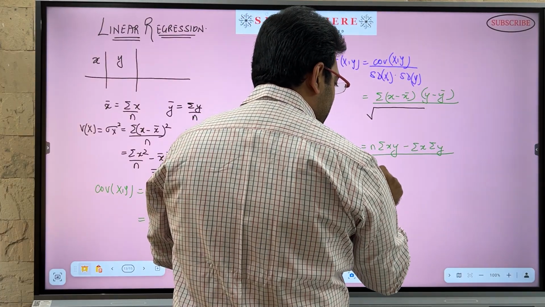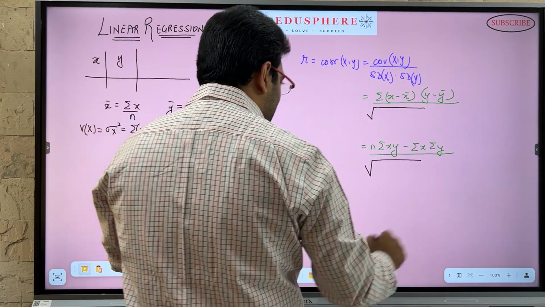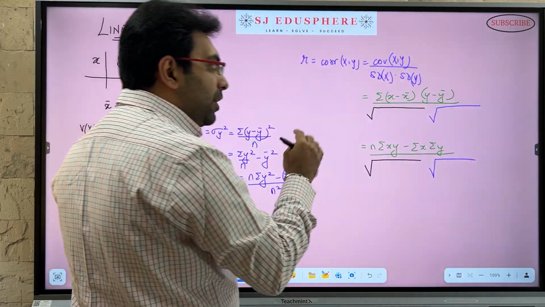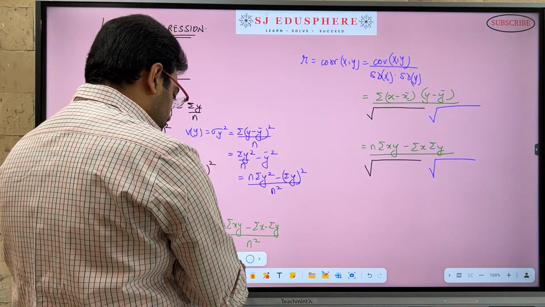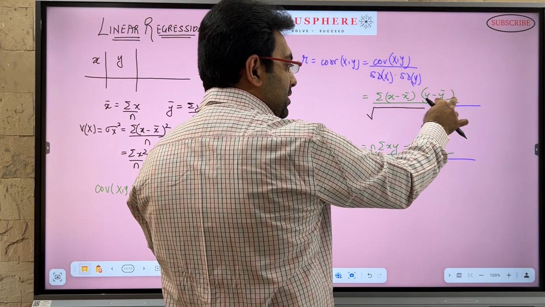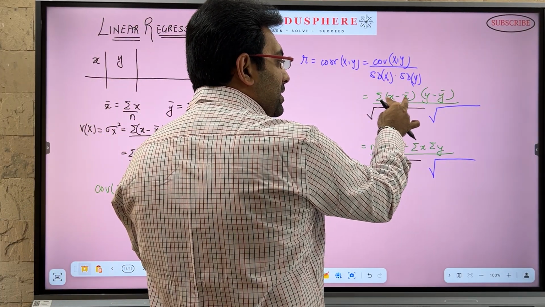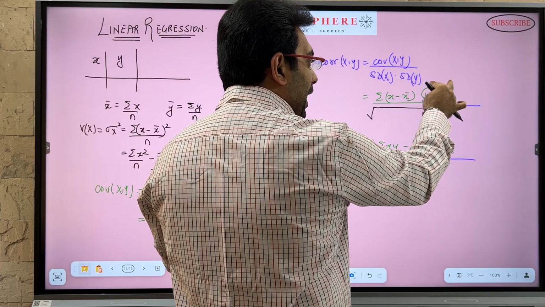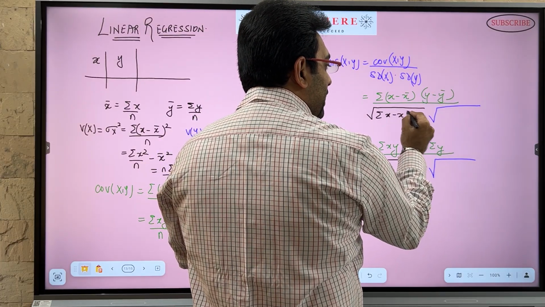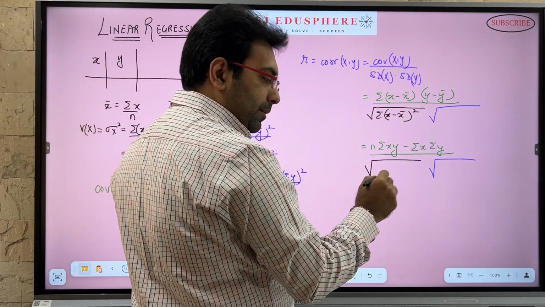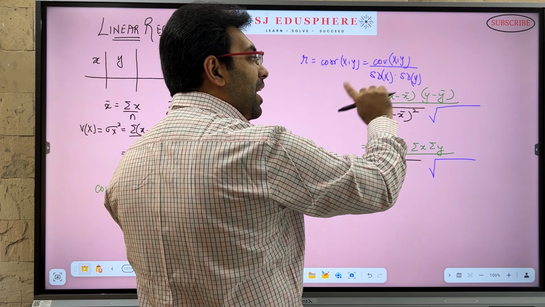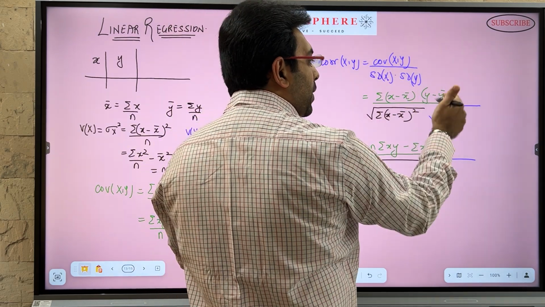First root for standard deviation of x and the second root for standard deviation of y. Read all the numerator for standard deviation of x, read the y as x. So x minus x bar, again into x minus x bar, gives me summation x minus x bar the whole square. And similarly over here, now read the x as y.